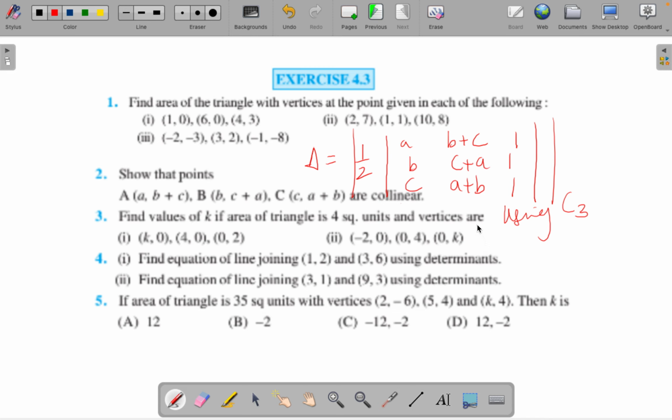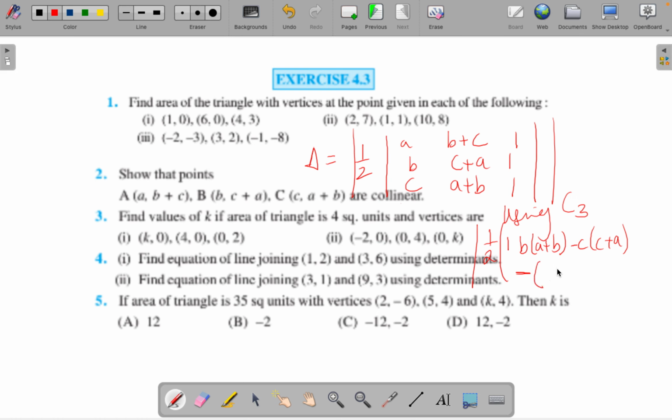So how will we do it? Absolute value of half, so first this number 1. Again, forget the row, forget the column, so I'm just writing it directly. B, A plus B minus C into C plus A, right? Next, when I'm writing this with a minus sign, put everything inside a bracket.